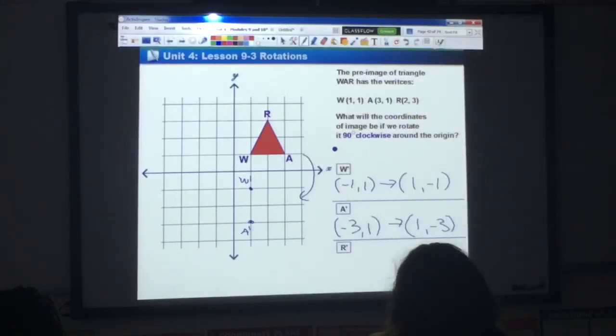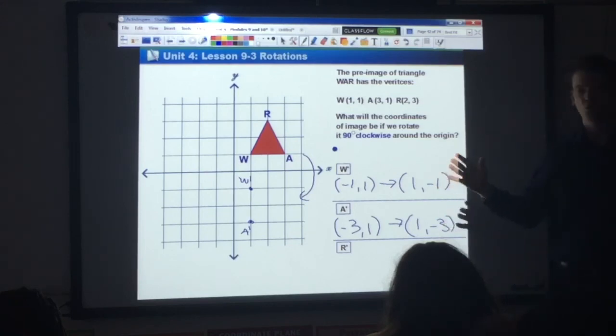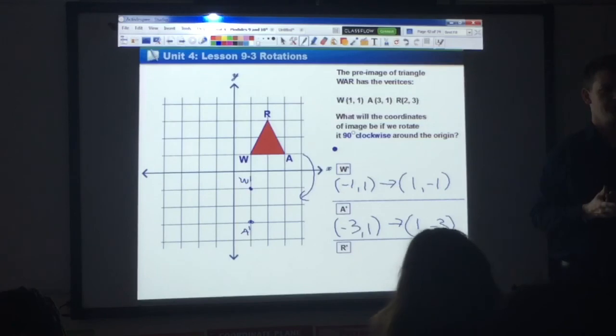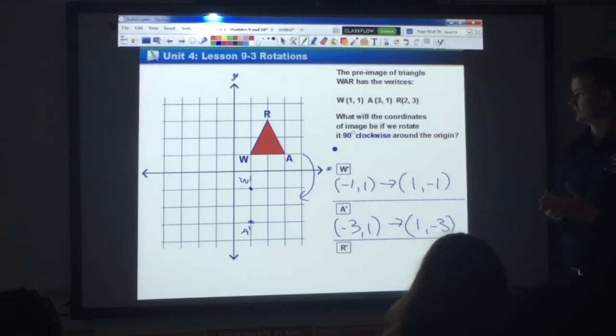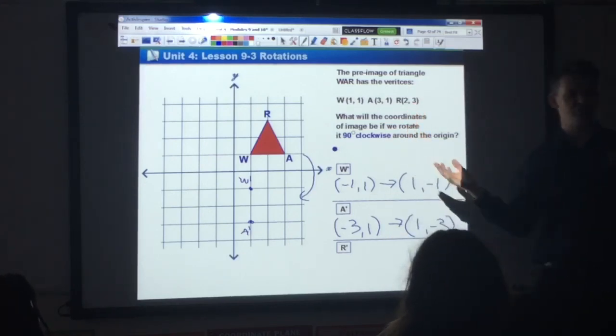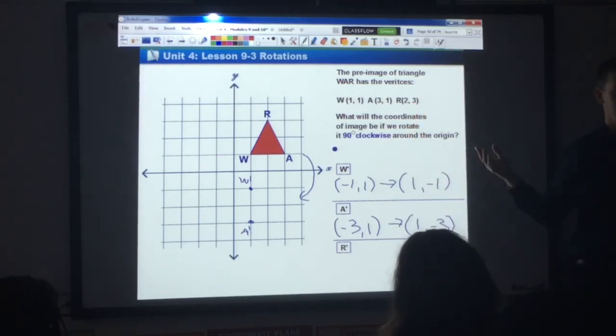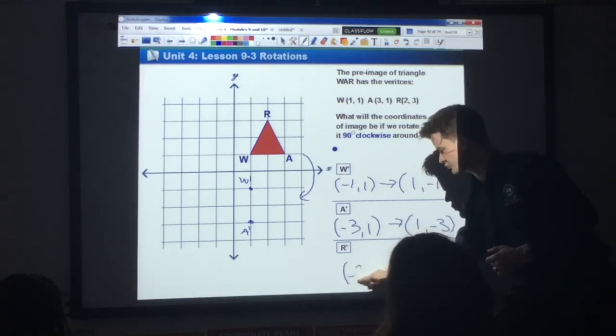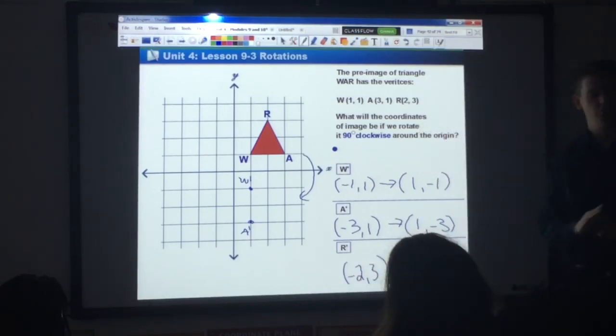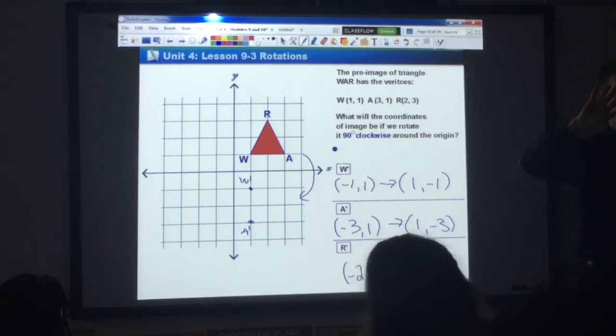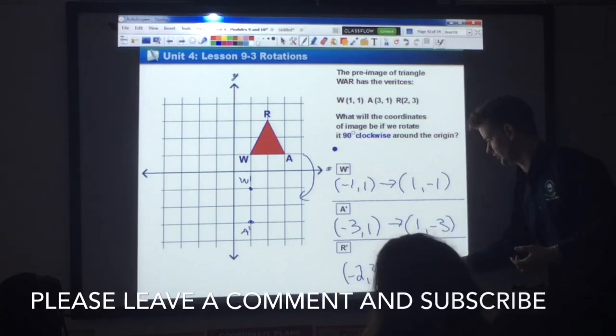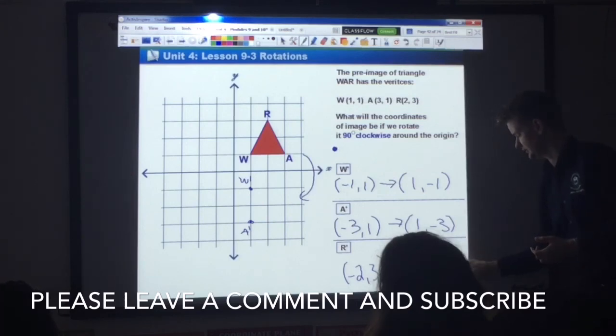Thank you, Ms. Vicente. Last but not least, let's go to Mr. Benton. We got point R. We're going 90 degrees clockwise. So which coordinates get multiplied? The X. The X by? -1. So after you do the multiplication, what's your coordinate going to be? -2, 3. Perfect. Now that we have done that, we need to switch it. And we're going to end up with what? 3, -2.